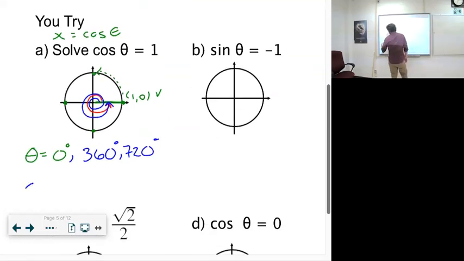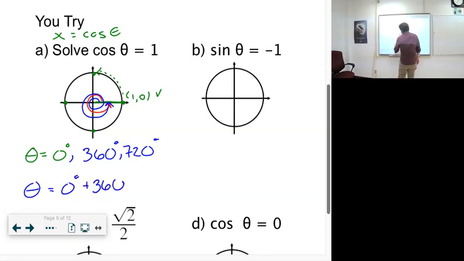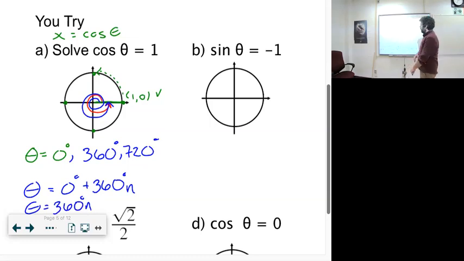So we can summarize and say theta is equal to 0 degrees plus 360 degrees times n, or simply theta is equal to 360 degrees times n. Either one of these two works, but the last one is preferred because it's a little bit simpler.